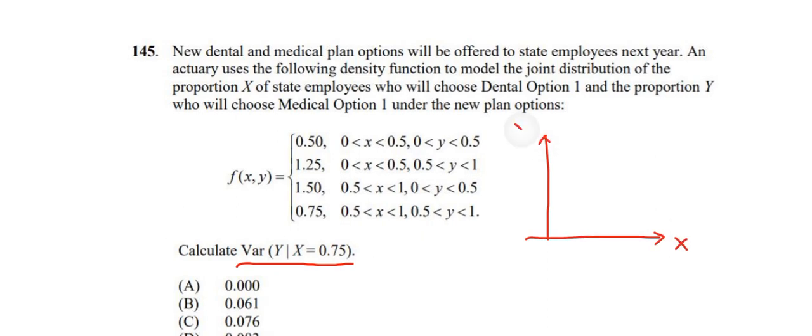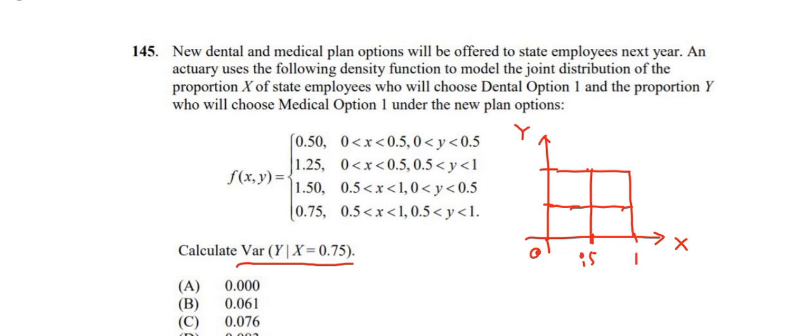We split x into two parts, from 0 to 0.5 and 0.5 to 1. Y also we split into two parts. So in total we split this into 4 parts.